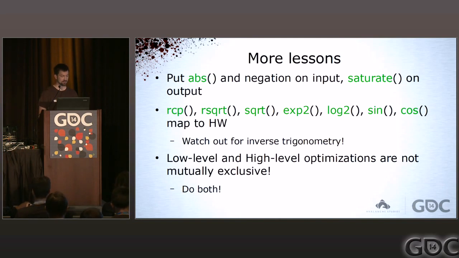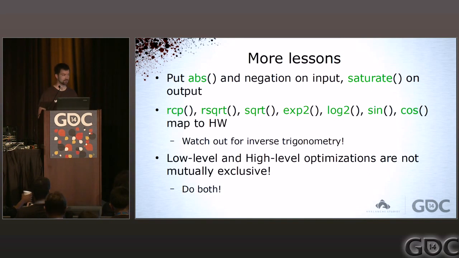Things like square root, reverse square root, exponentials, and trigonometry are mapped to hardware instructions, so they are fine to use. They're a bit slower than regular operations like adds and multiplies, but they aren't horrible.